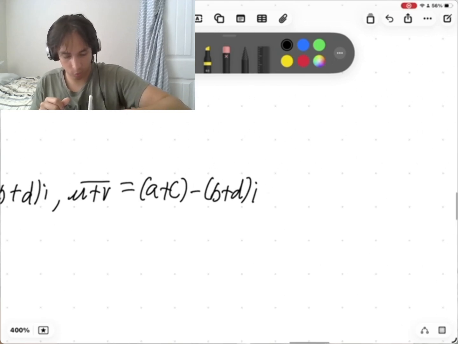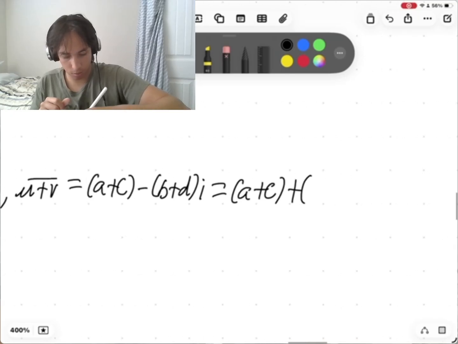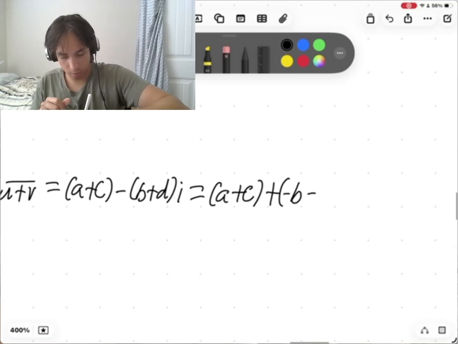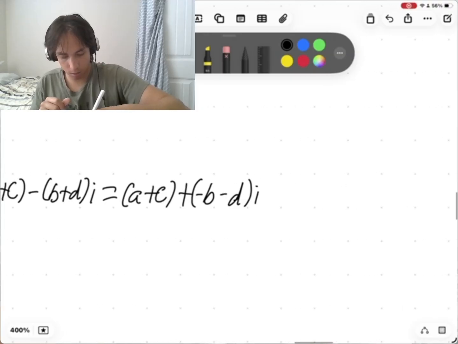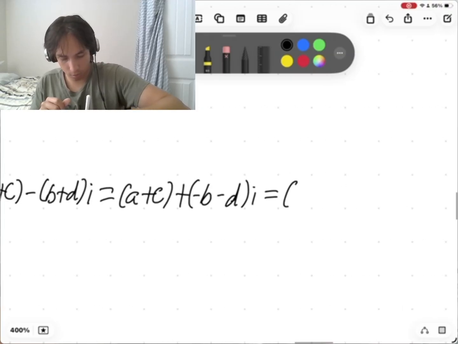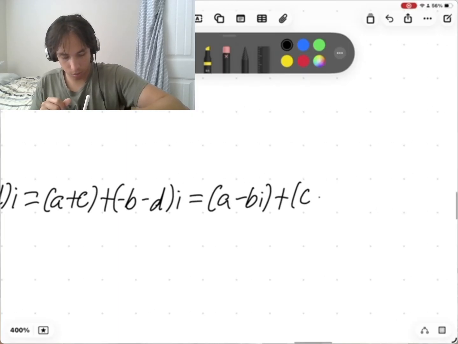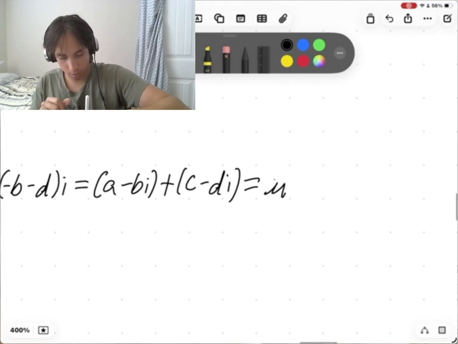Which equals a plus c plus negative b minus di, which equals a minus bi plus c minus di, which equals complex conjugate of u plus complex conjugate of v. And the proof.